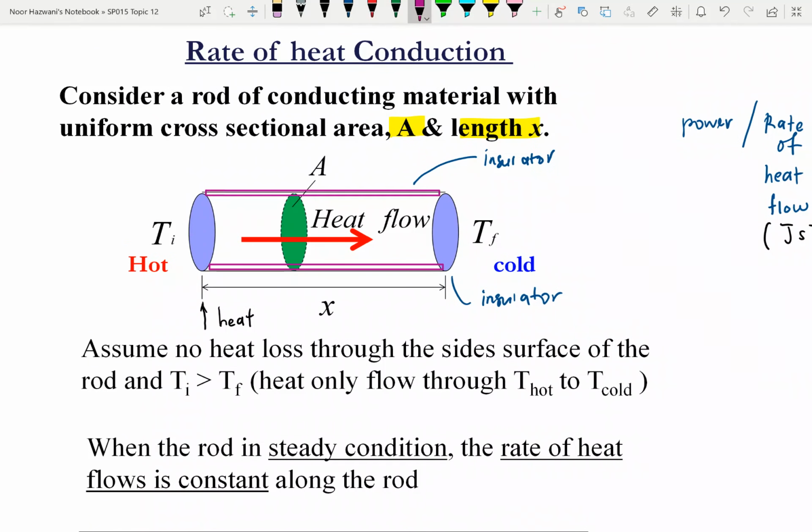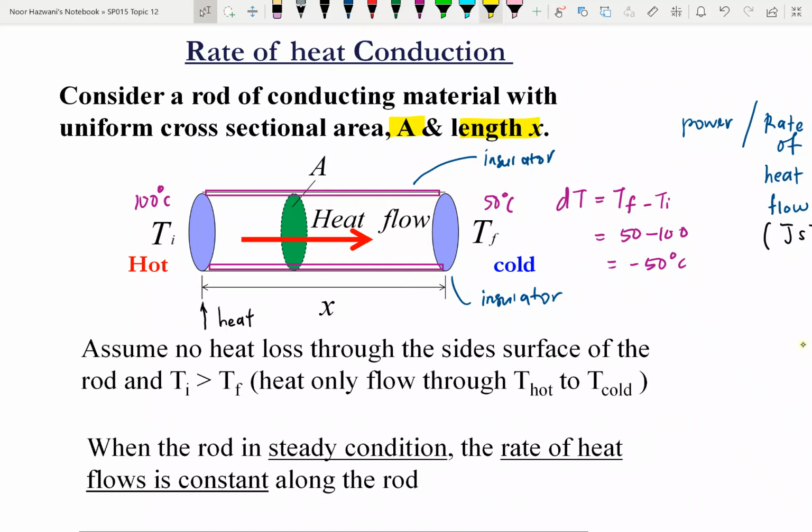Contohlah, I give you example, this one is 100 degree Celsius dan cold you adalah maybe 50. Okay, so heat akan bergerak daripada 100 to 50. So, bila you nak cari delta T, mestilah sama dengan T final tolak T initial. So, mestilah 50 minus 100. So, you akan dapat delta T you adalah negative 50 degree Celsius.